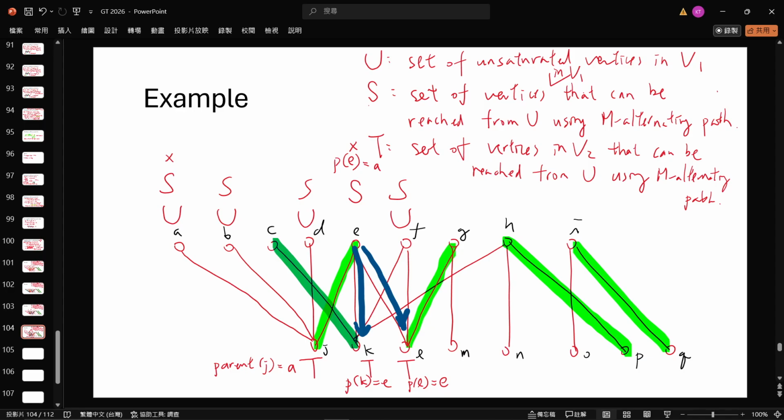So that's why I can add K and L to T and set the parents to E. Then I can go up, and when I go up, I must use edges in the matching.